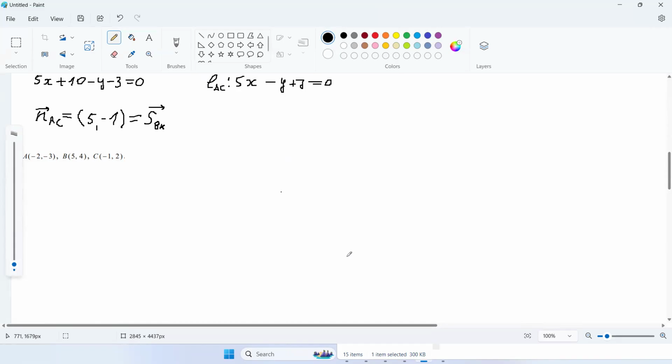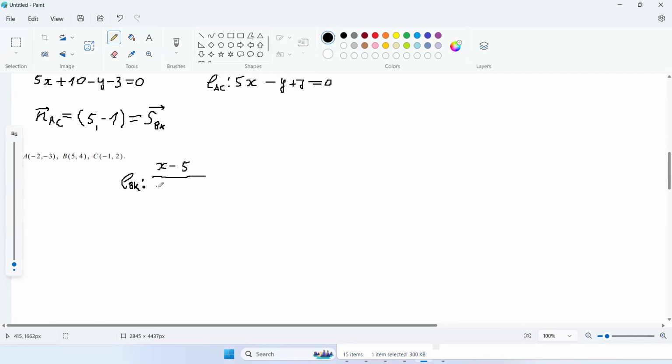Okay, so it seems that you forgot it. So the canonical equation. Everything we have is the coordinates of the point that the line passes through and the direction vector. So x minus 5, yeah, basically it's the equation of BK.